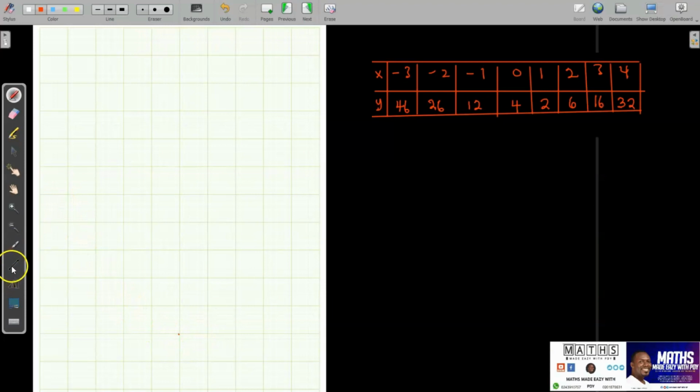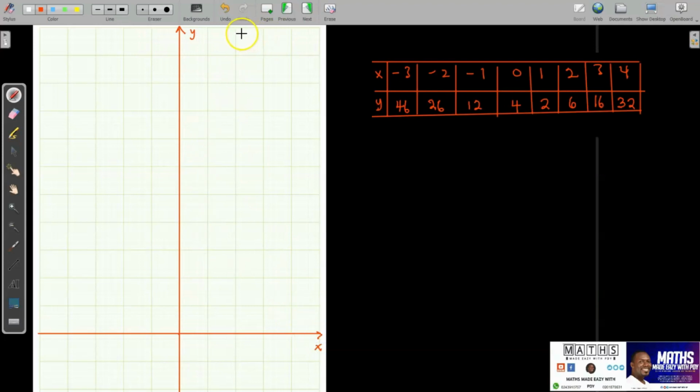So let us bring in our x-axis on this line. Then our y-axis will be here. We put our arrows here, y, then x there.